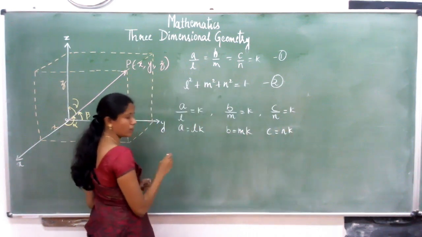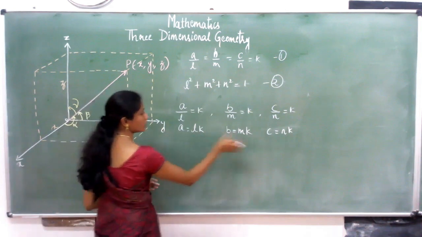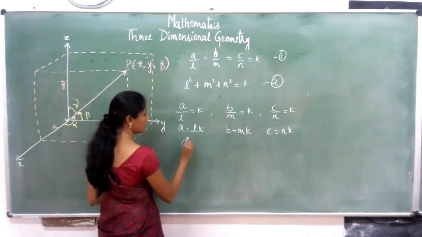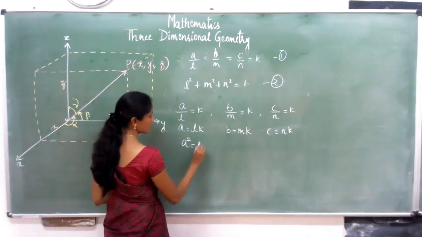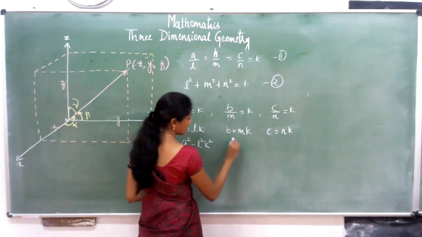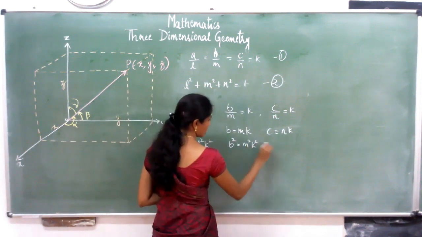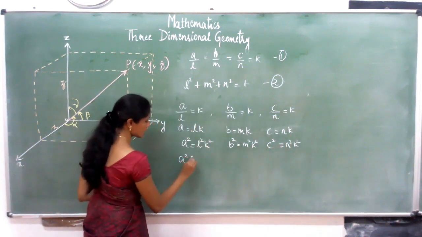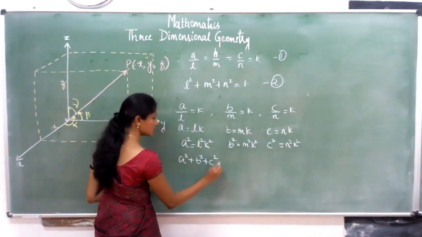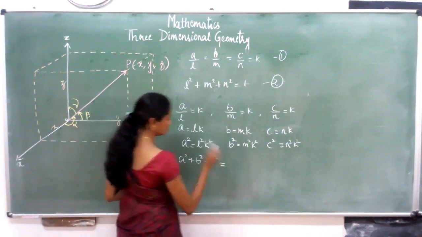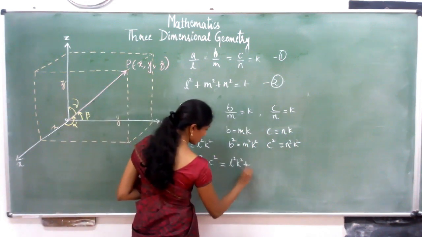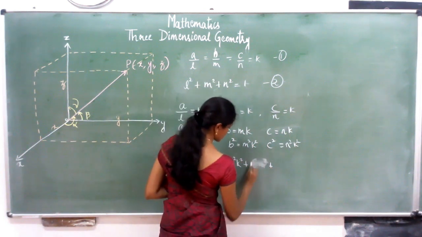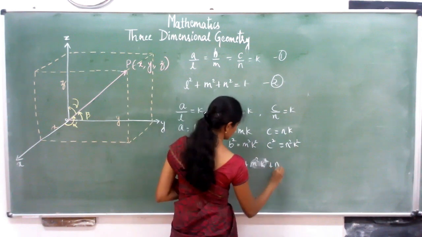If I square these and also add them, I get a square is equal to l square k square, b square is equal to m square k square, c square is equal to n square k square. Now adding all these, I get a square plus b square plus c square is equal to l square k square plus m square k square plus n square k square.